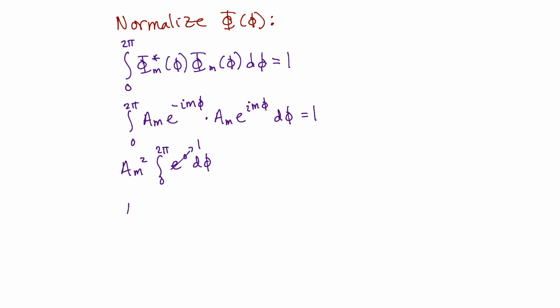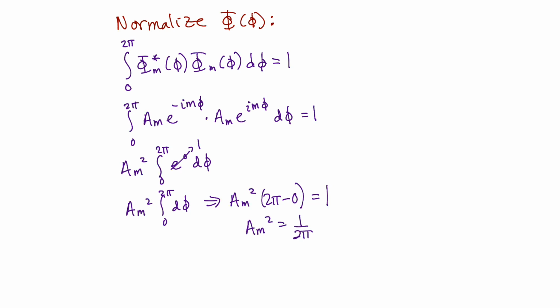Okay, so A sub m squared times the integral of just d phi. Okay, so we get A sub m squared times 2 pi minus 0 equals 1. A sub m squared equals 1 over 2 pi. And then that gives us a normalization constant of 1 over the square root of 2 pi. There is our normalization constant.